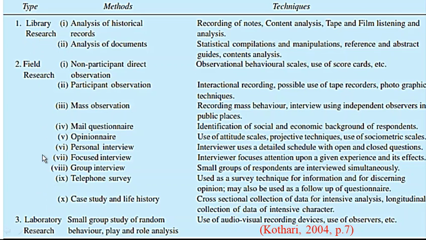And these are classified in terms of setting, environment. Where does this research take place? This one takes place in the library, and the method adopted is recording or analyzing historical records. The technique here: the researcher can listen to tapes or films and analyze them. So there is also analysis of documents.